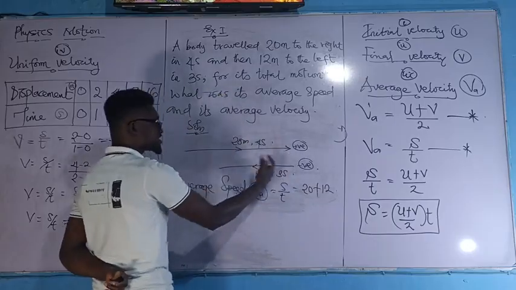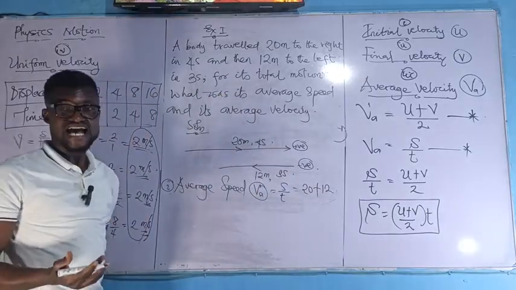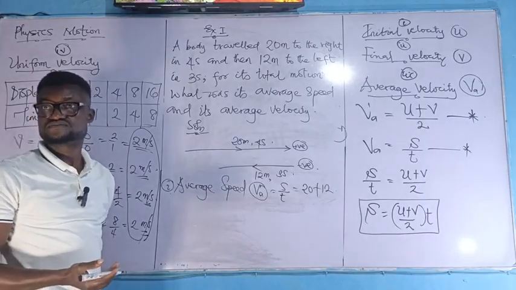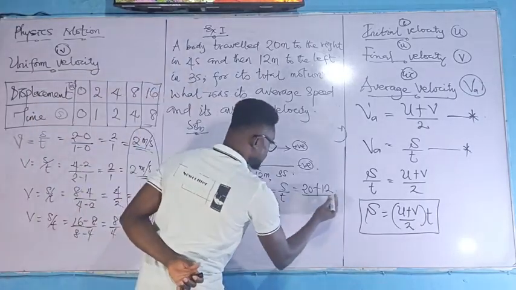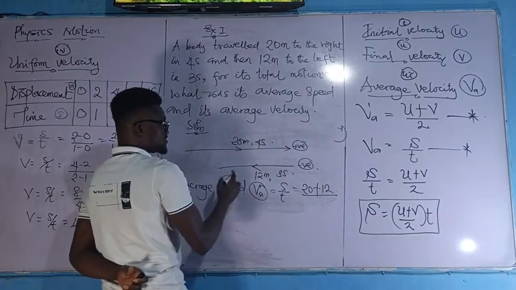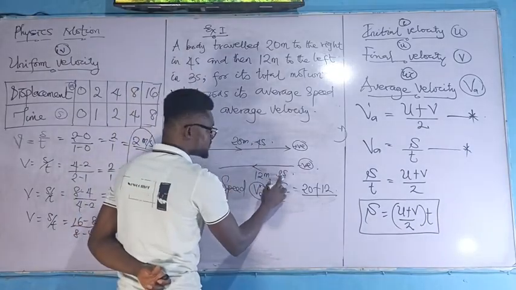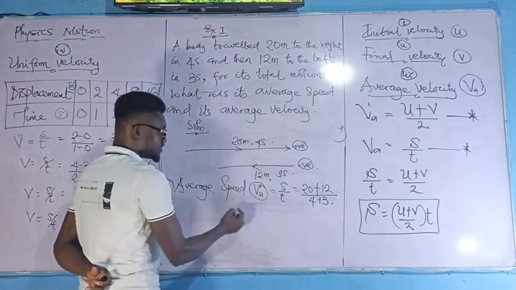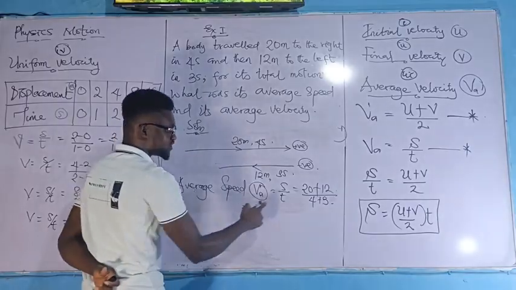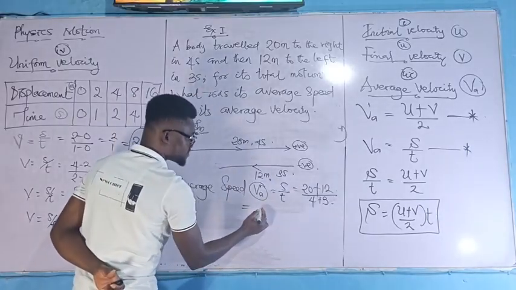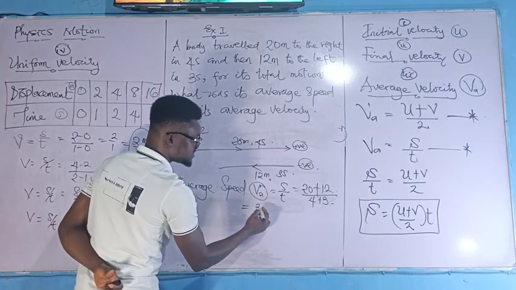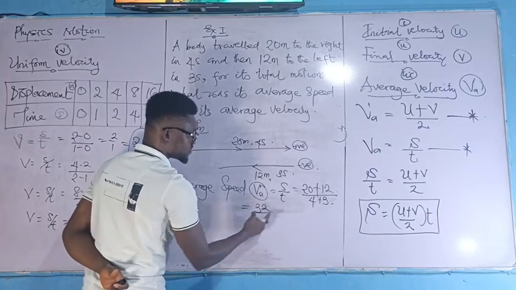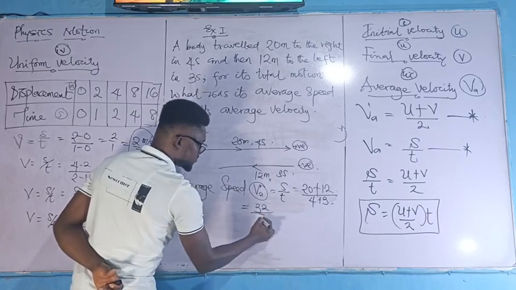We are not interested in the sign, that is direction. Then all over total time. The total time is 4 seconds plus 3 seconds. So the average speed now becomes 20 plus 12, which will give 32, over 4 plus 3, which will give 7.